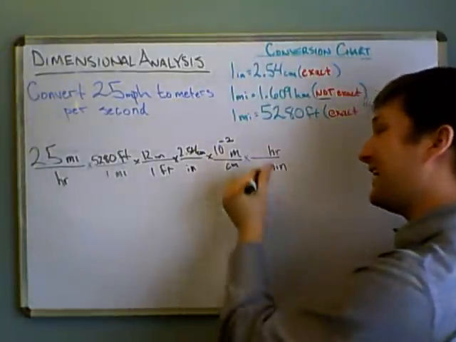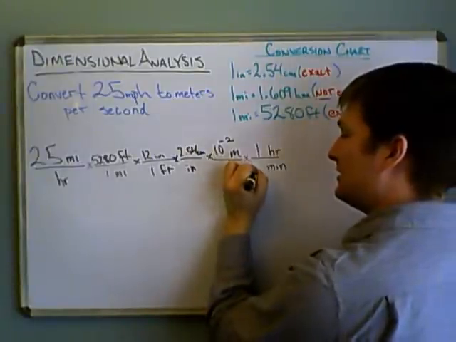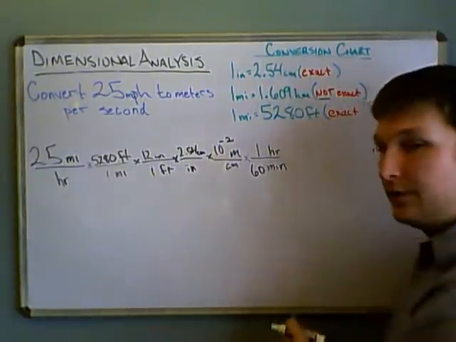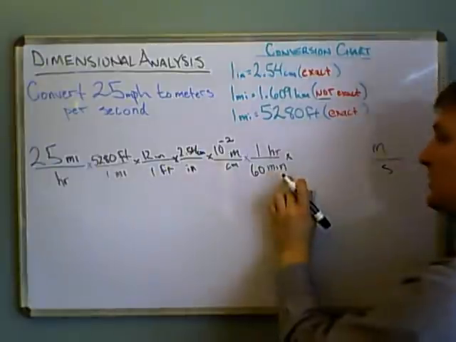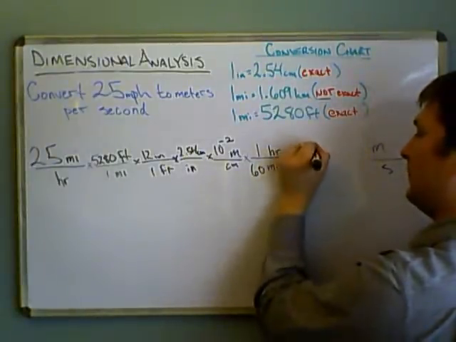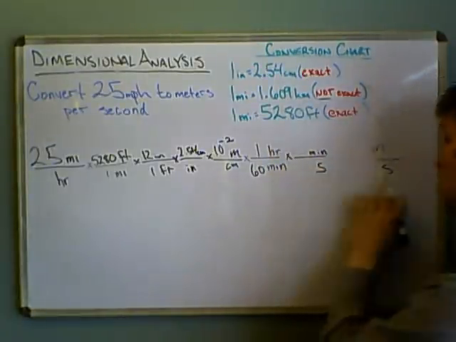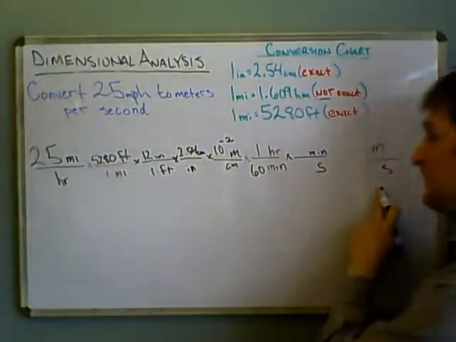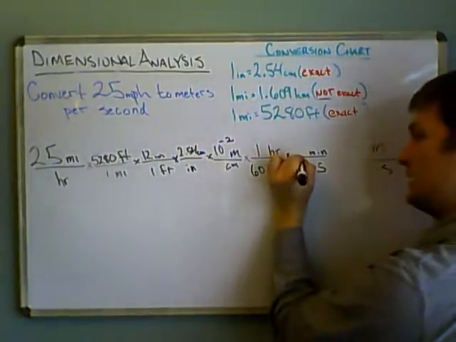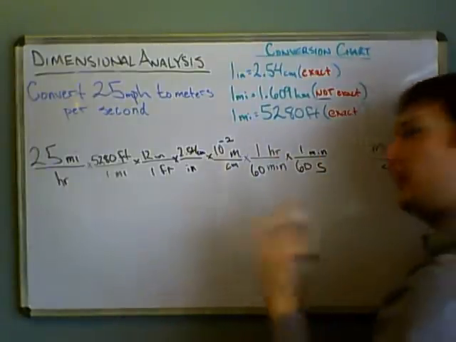Oh, it's actually how many minutes are in 1 hour. 60 minutes in 1 hour. And now we could get rid of minutes by putting it on the top, minutes, and seconds, which is where we want to be, right? So 60 seconds in 1 minute, think about it, that's right.